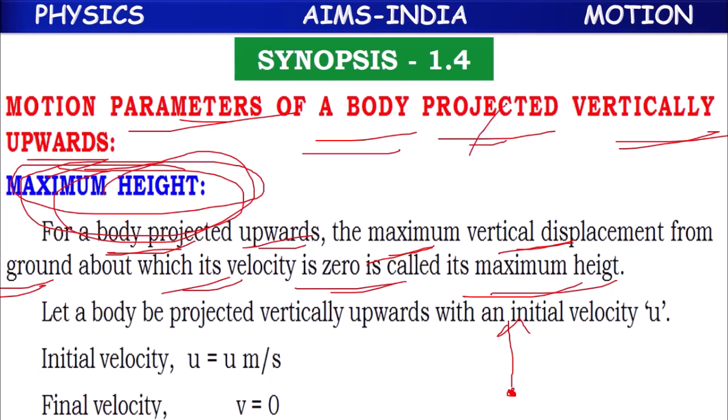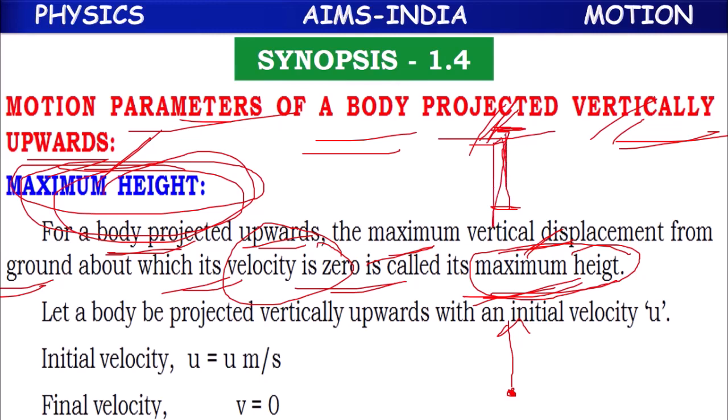So any body which is projected vertically upwards will go up to a certain maximum height. Maximum height means the point where the velocity is 0. From the initial point up to that point, this vertical distance is called maximum height.